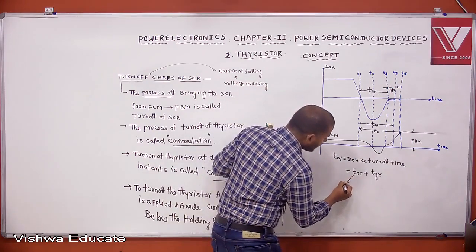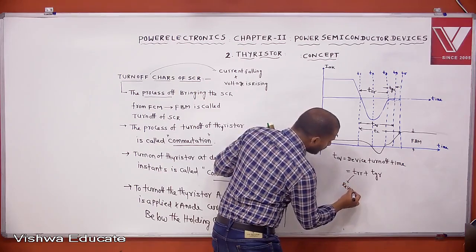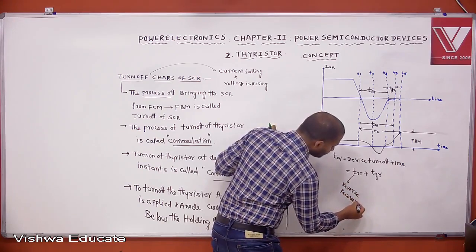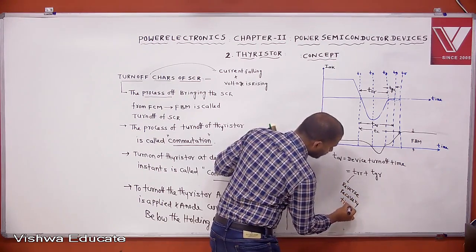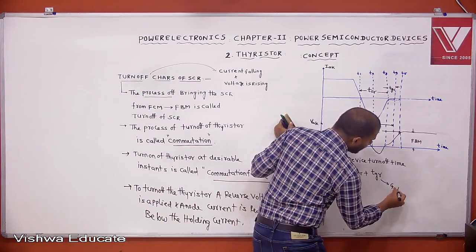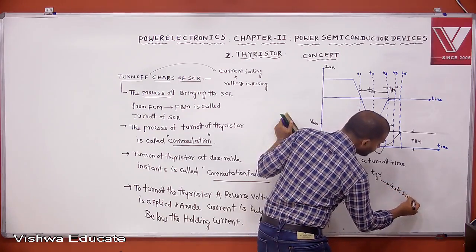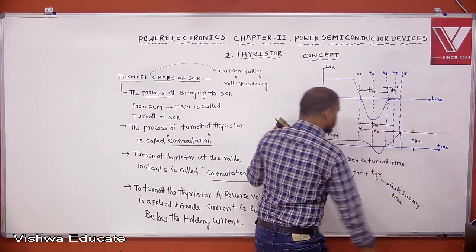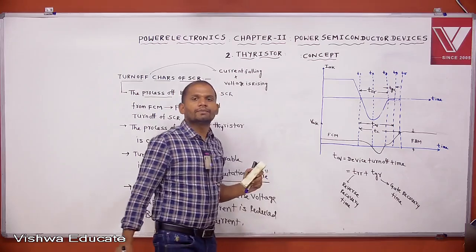TRR is reverse recovery time. What is TCR? That is gate recovery time.